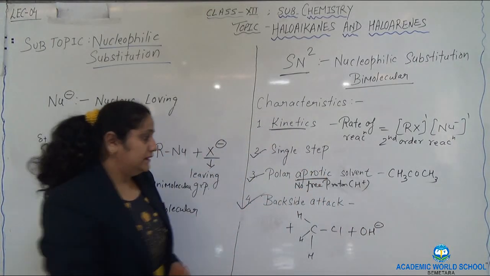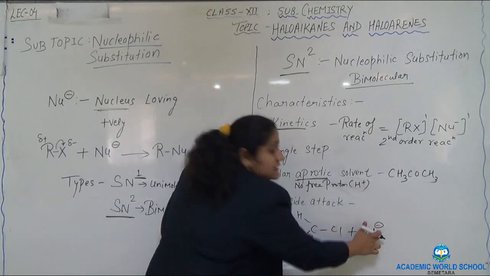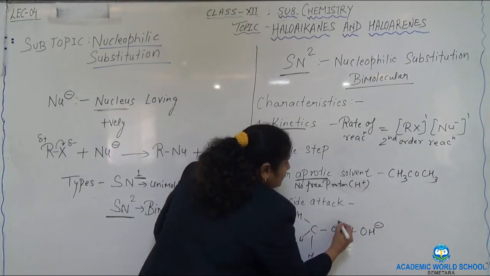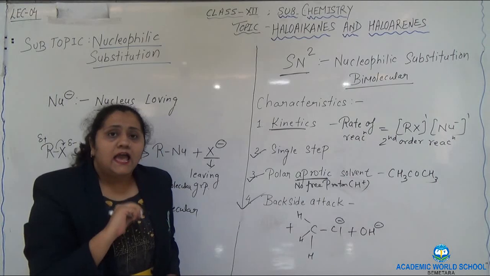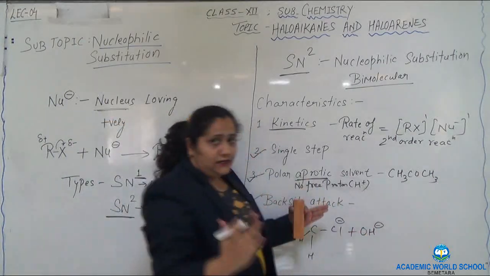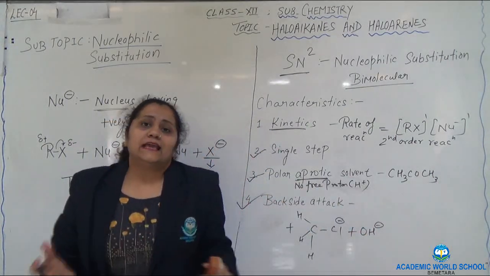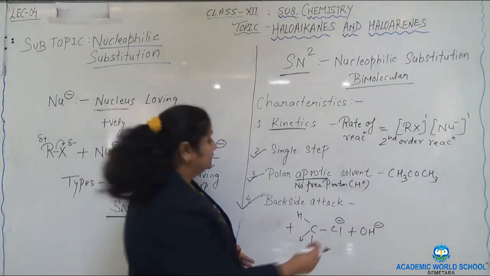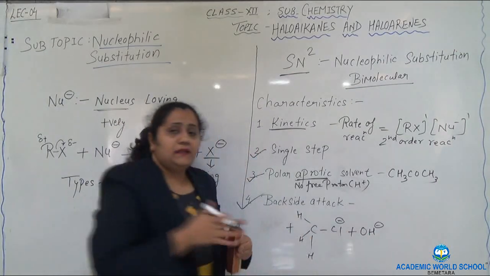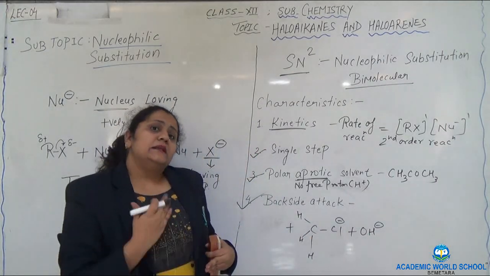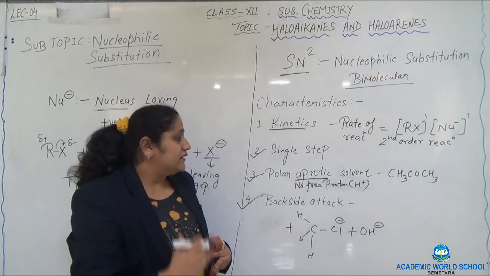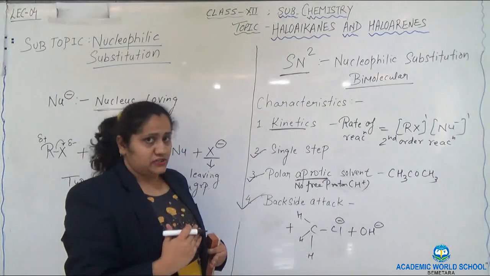What is going to happen? This OH minus is a negatively charged particle and this Cl is also negatively charged. As you all know, like charges repel each other. So these two negative ions repel each other, and this repulsion will not give the effective product of the reaction.